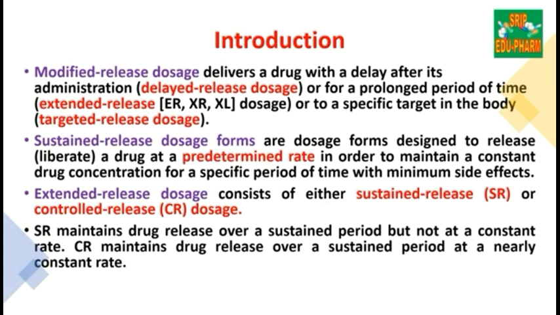So the next is chrono release. It is chrono, not corona release. This chrono release enables a drug to be released such that its effect takes advantage of the natural biorhythms of the human body.